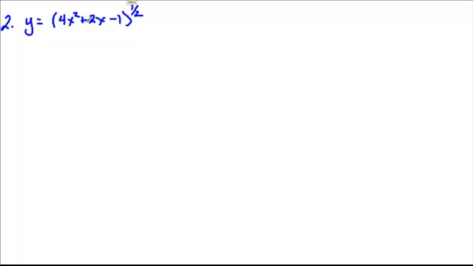The inside is the quantity inside the parentheses. So, derivative. Deal with the exponent first according to the power rule, leaving the inside intact. Do not mess with the inside until after you've dealt with the outside. So subtract 1 and we get this. Now times the derivative of the inside, which is 8x plus 2.